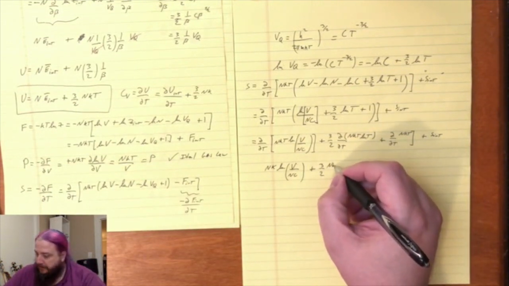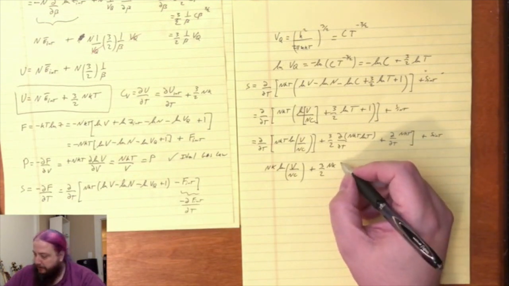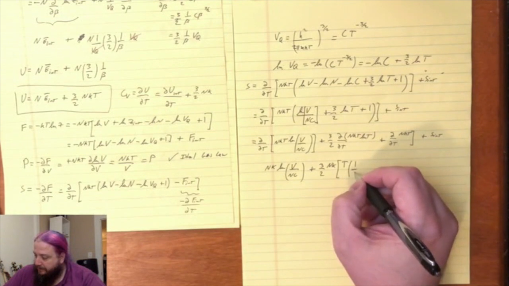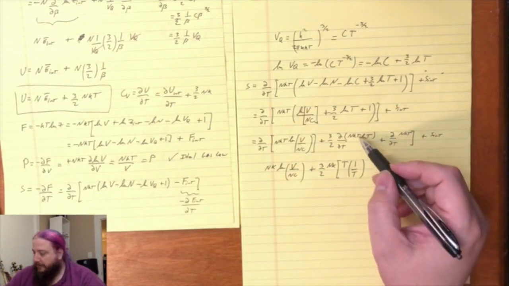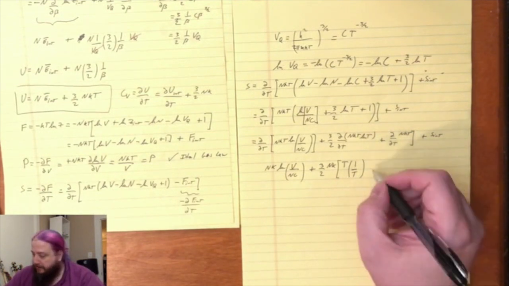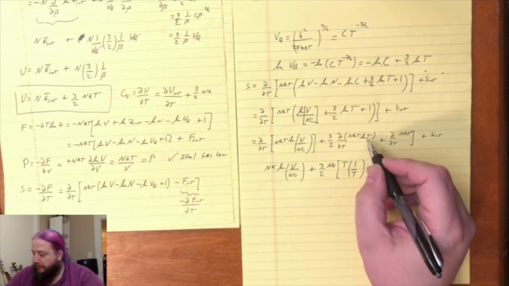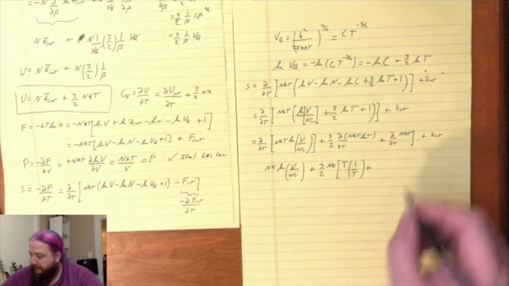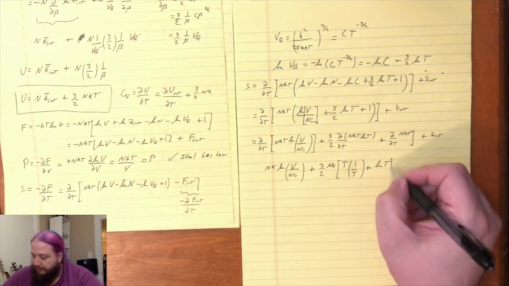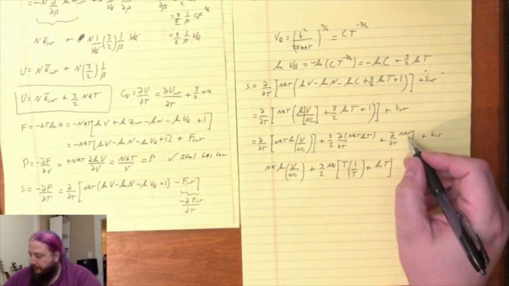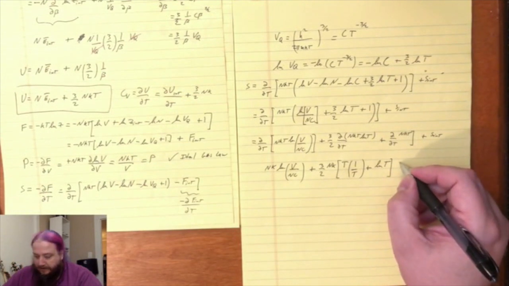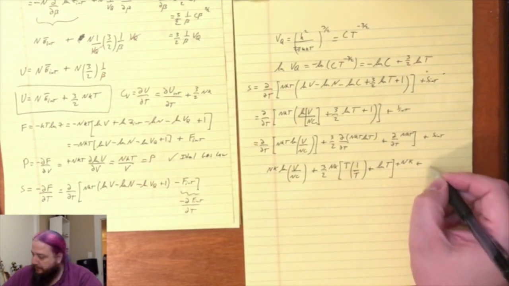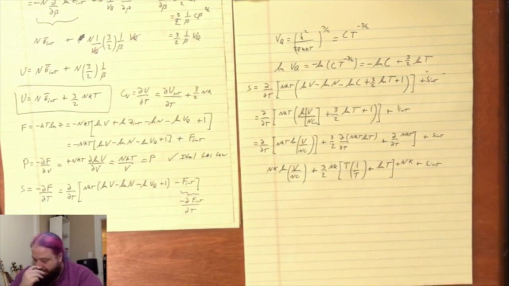So 3/2 nk times T times 1 over T. So that's this times the derivative of that, plus this times the derivative of T, so that's just log T. And the derivative of that is again trivially nk, plus our interior entropy.